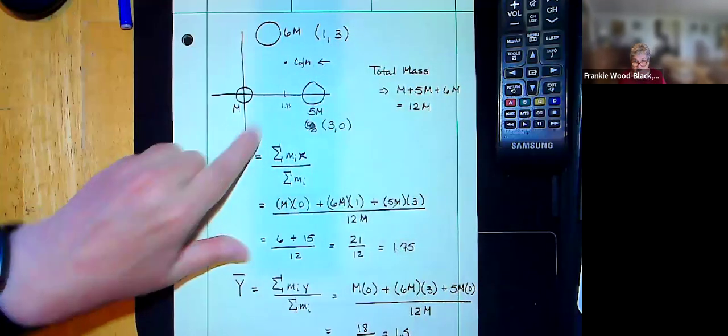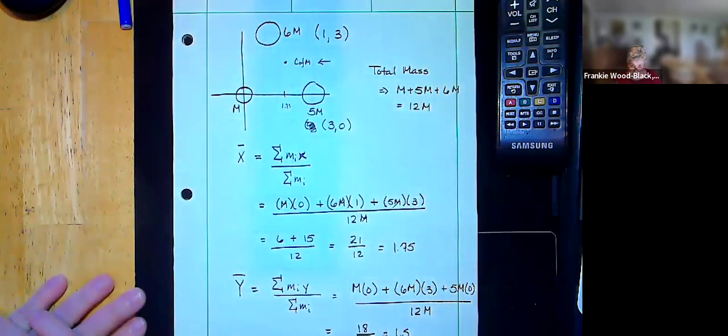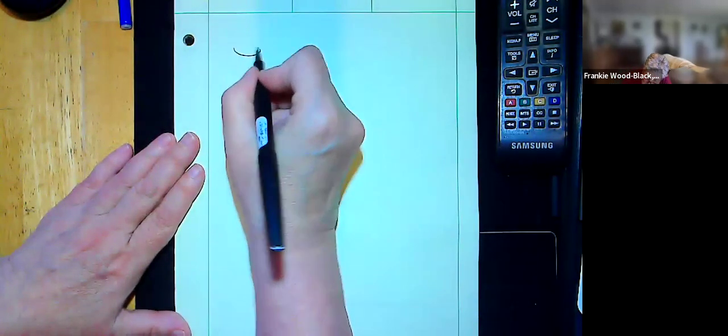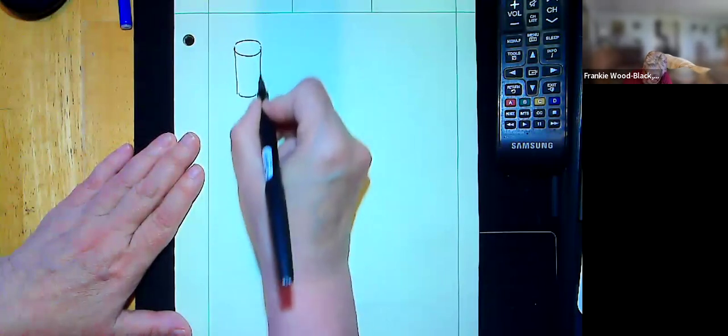And note that your center of mass does not have to be physically on the object. Now, if I had a uniform sphere, well, actually, let's do a cylinder. So this is a uniform cylinder.